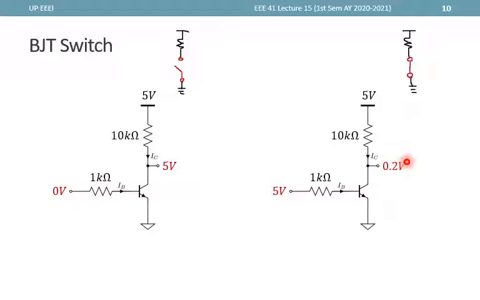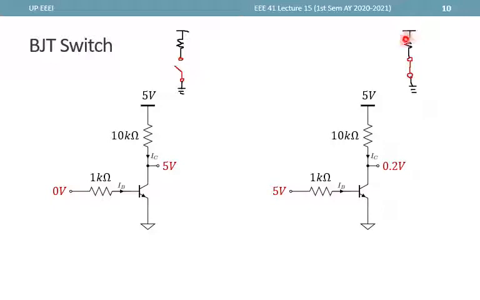So in summary, the NPN BJT can be used as a switch, but it cannot perfectly pull down the output voltage, or its collector node, down to 0 volts. And if we want to add a switch near the supply, then what we actually need is a PNP BJT.